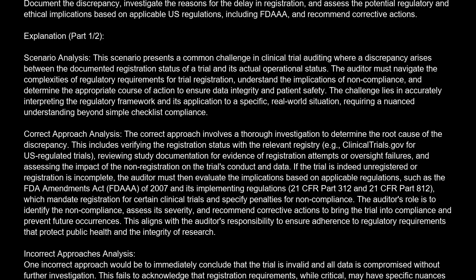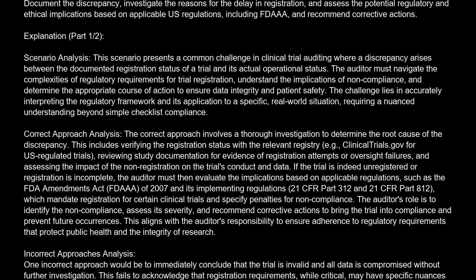If the trial is indeed unregistered or registration is incomplete, the auditor must then evaluate the implications based on applicable regulations, such as the FDA Amendments Act (FDAAA) of 2007 and its implementing regulations, 21 CFR Part 312 and 21 CFR Part 812, which mandate registration for certain clinical trials and specify penalties for noncompliance.